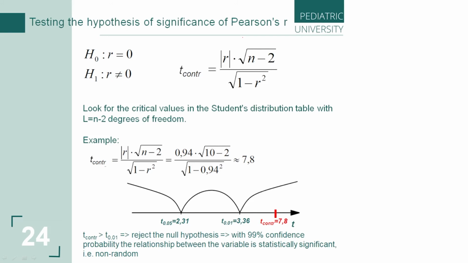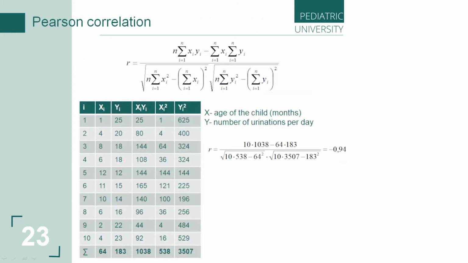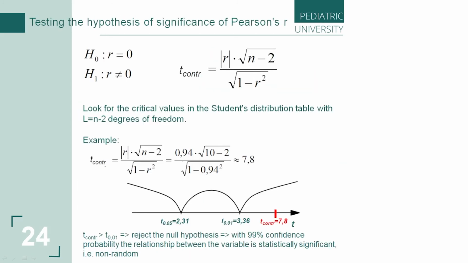Let's calculate the control value for our correlation coefficient from the example. You can see approximately 7.2, using the correlation coefficient, and we have 10 items in our sample.